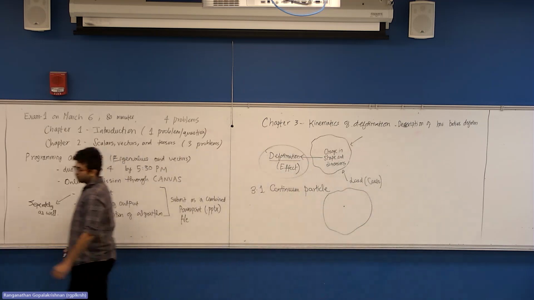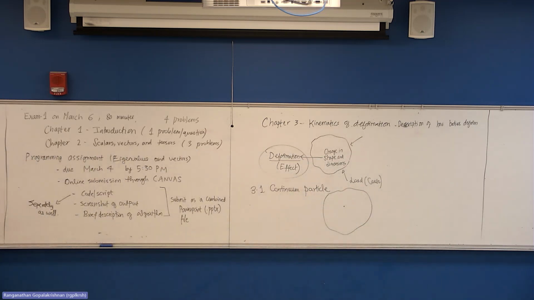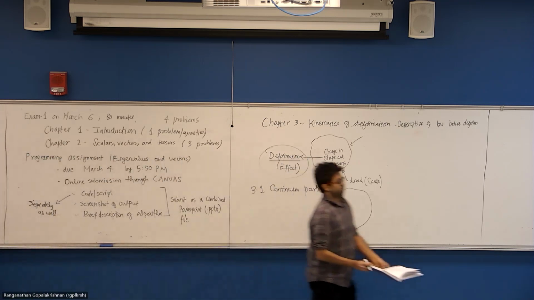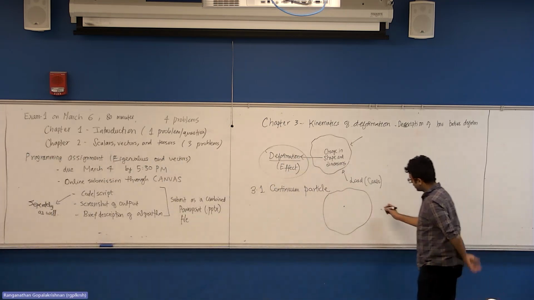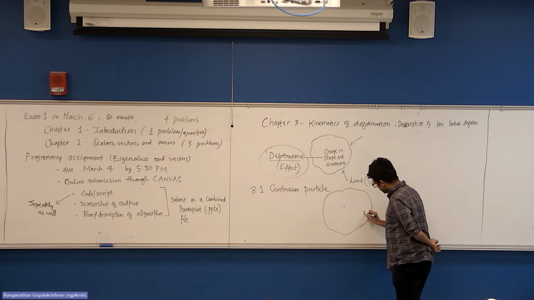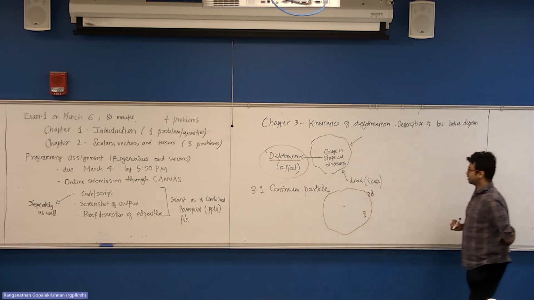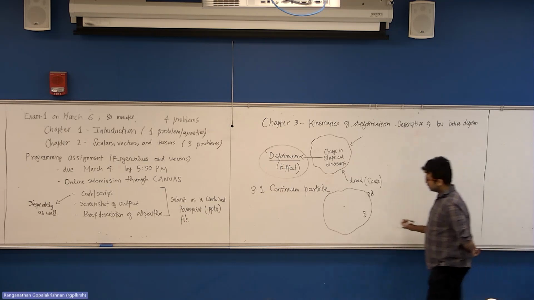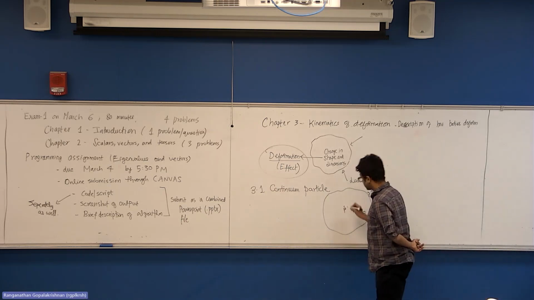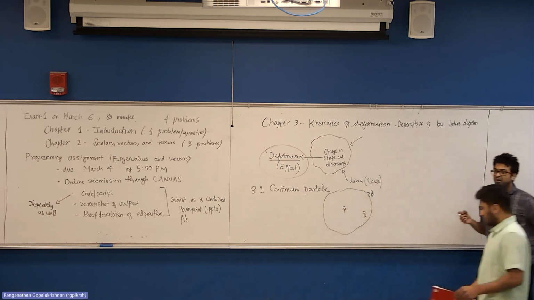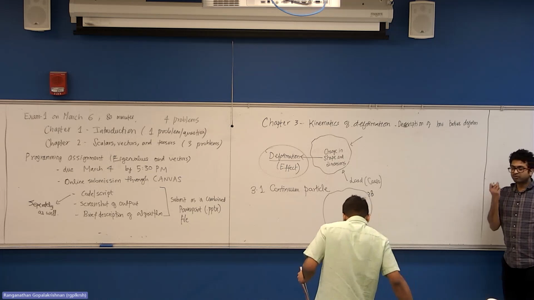Okay. We call that a continuum point in a sense. So this body, we want to use the letter B to denote, and the surface we denote as delta B or partial B.